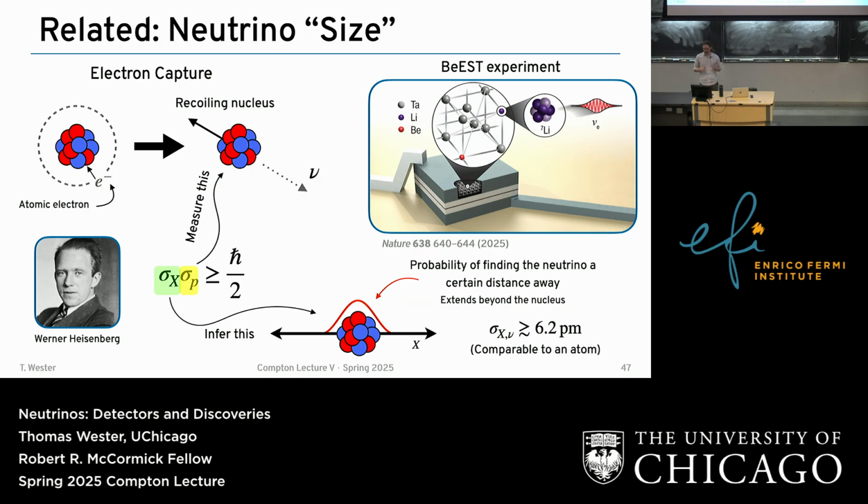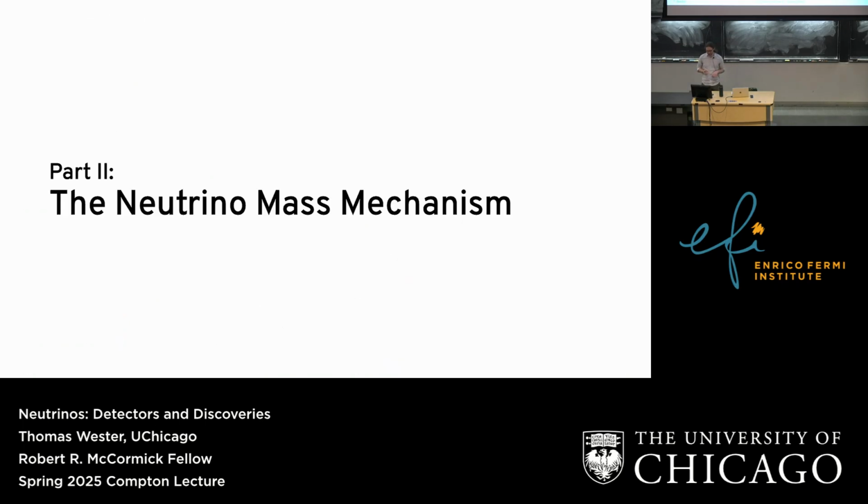So the critical thing here is that they found that it could extend beyond the nucleus, actually. So the localization of the neutrino in this measurement is not known; it has to be larger than the nucleus itself. So this is an interesting technique that you can do. And we'll revisit electron capture a little bit later.